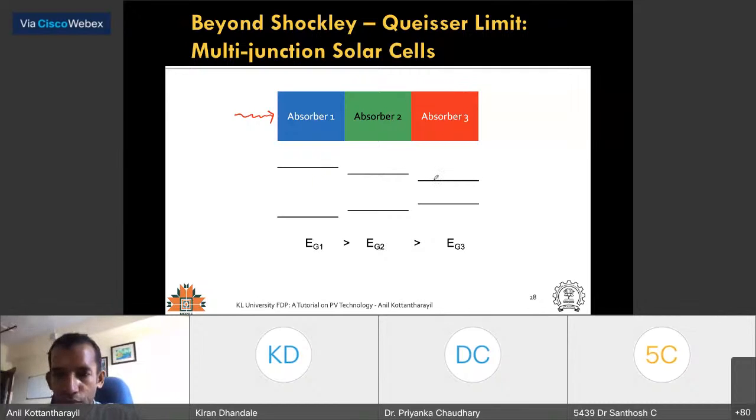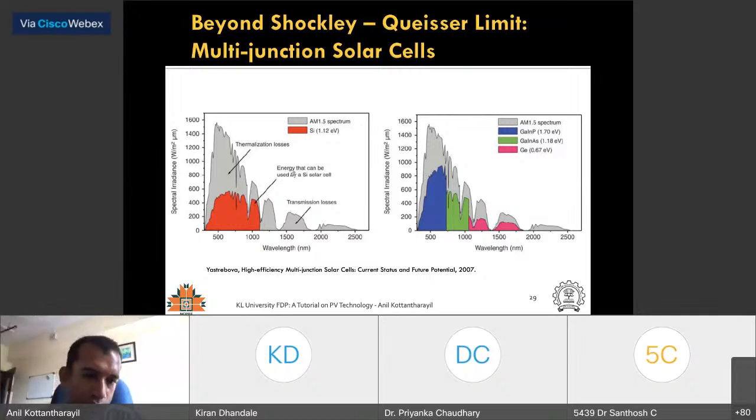So there are 2 problems that we are solving in this. You can see this is your single junction silicon, for example, right? We had 2 problems. One is that these wavelengths could not be absorbed in such a solar cell because the photon energy was smaller than the band gap of the semiconductor. Here is one typical example of a triple junction solar cell with 3 different materials.